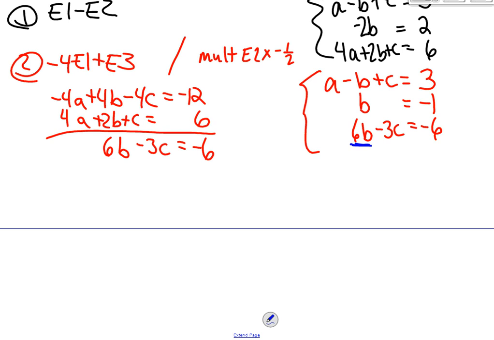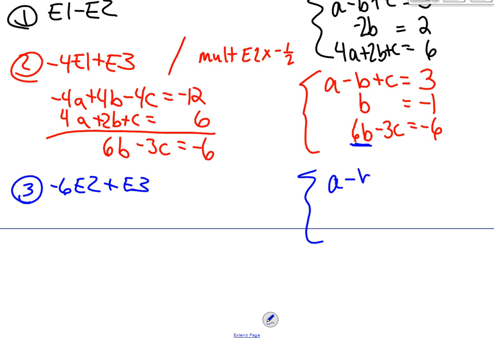What can I do? Negative 6 times E2, right? And then add what? And add E3. So can I do that in my head, do you think? Sometimes I can, sometimes I can't.